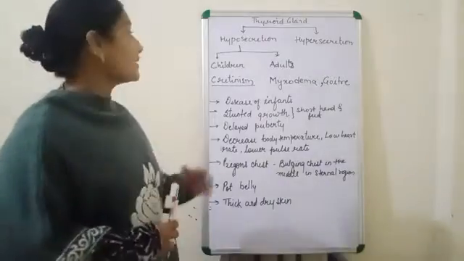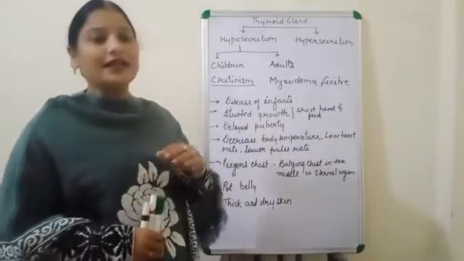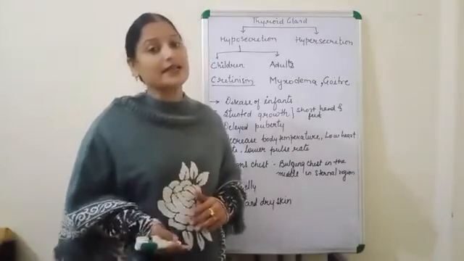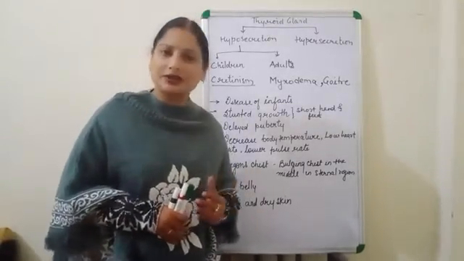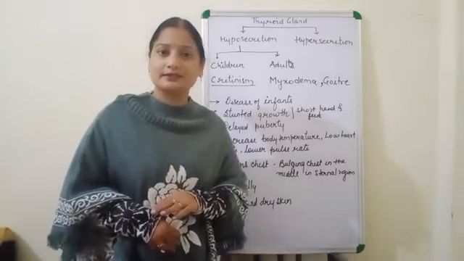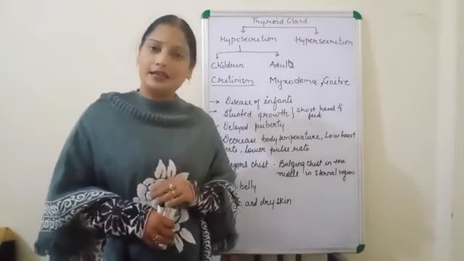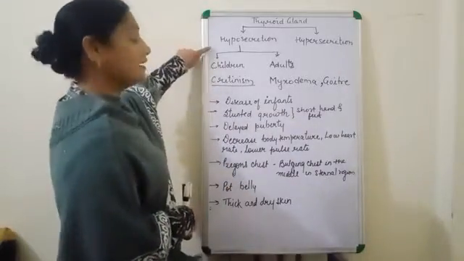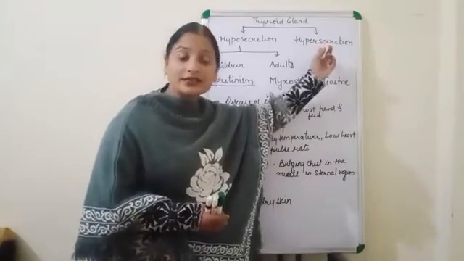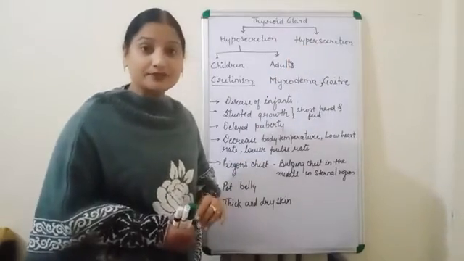Now children, as I told you, all the glands secrete the hormone in an adequate, equal amount. But if these glands do not secrete the hormone in the proper amount, then a person can have a disease. If the hormones are secreted in a less amount, then the diseases are called hyposecretion diseases, and if they are secreted in excess amount, then the diseases are hypersecretion.